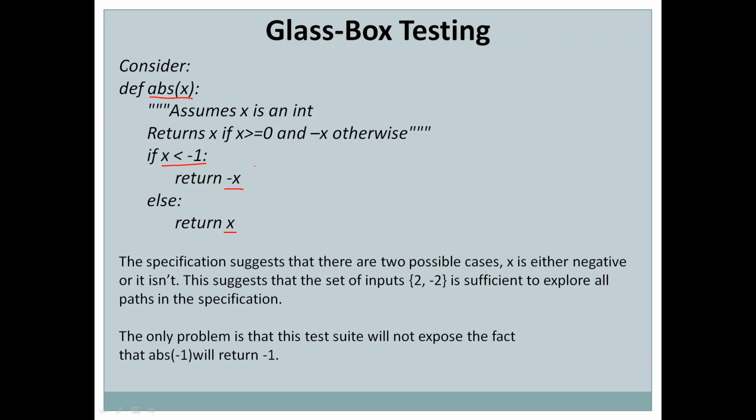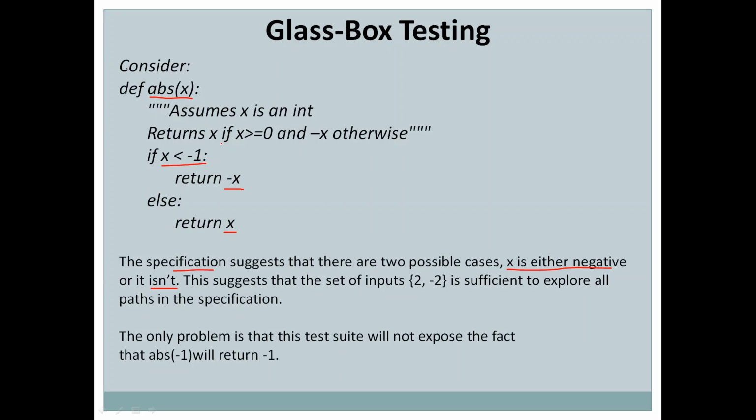So to test this particular function, I may use a test suite where I can take a value of x which is less than minus 1 and a value of x which is greater than minus 1. If I have only two inputs, then I can exercise all the paths in this function. The specification suggests that there are two possible cases, that is x is either negative or it is not.